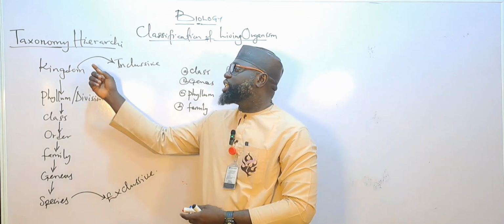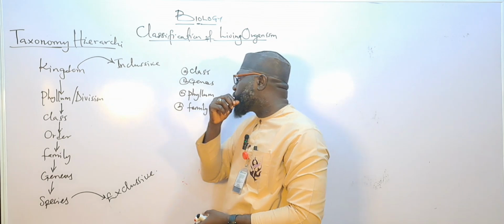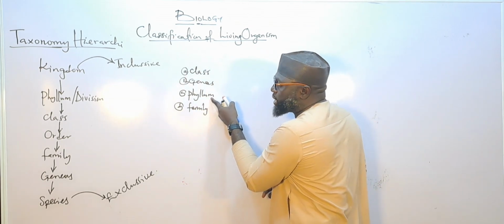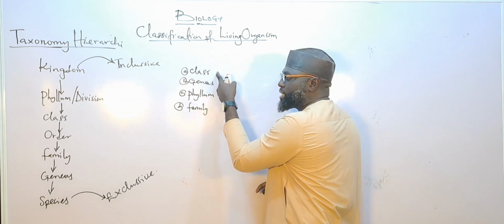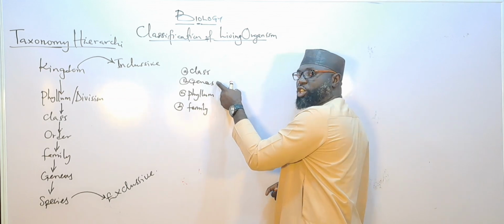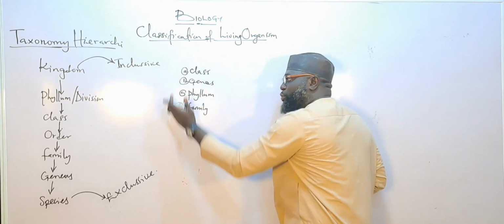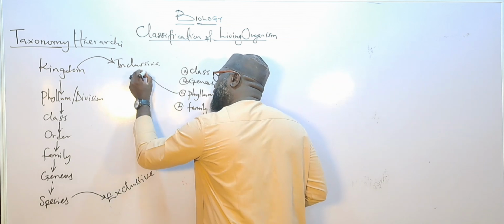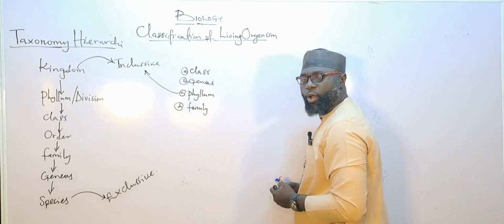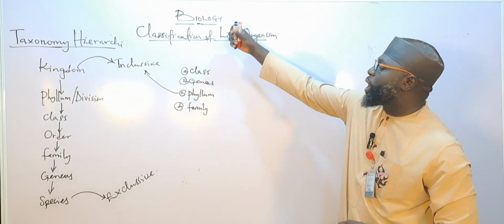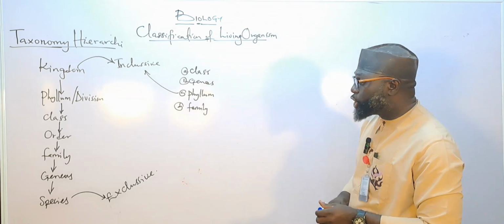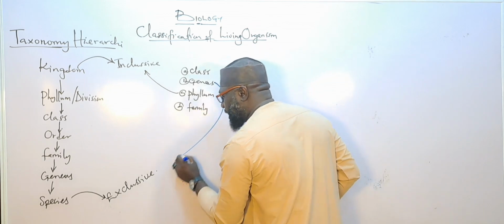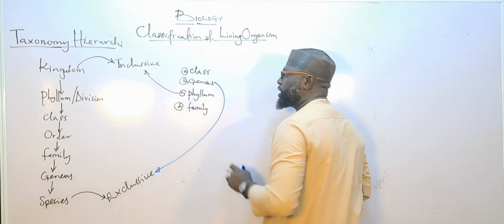Back to the hierarchy, after kingdom the next one is phylum, followed by class, followed by family, followed by genus. So from these four, the most inclusive is phylum. But if you ask which is the most exclusive, the smallest one, the answer is genus.